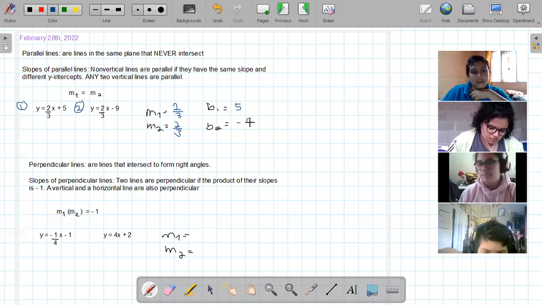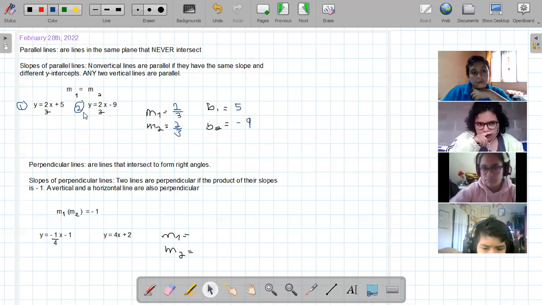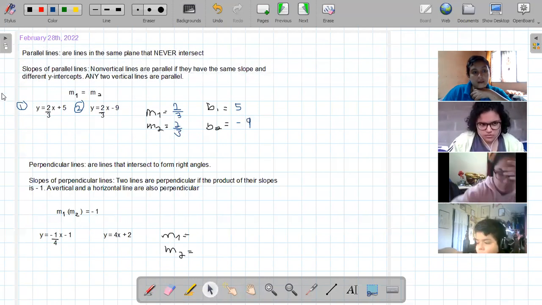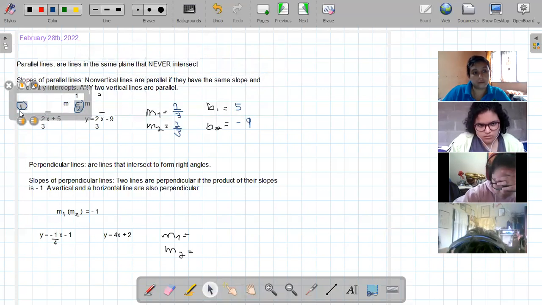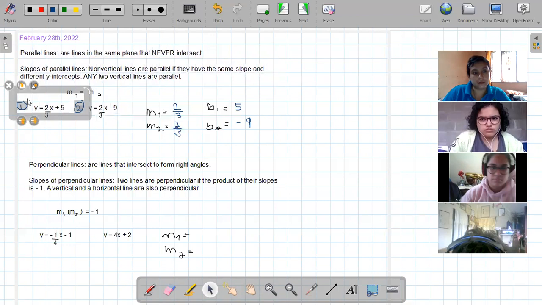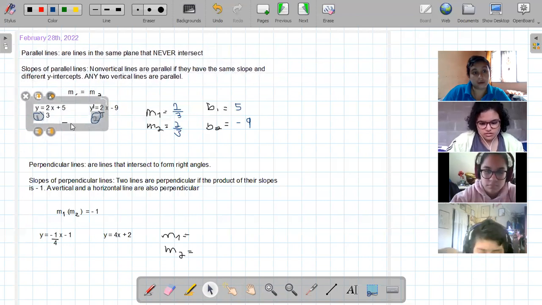Now, do I have the same slope? Yes, I do have the same slope.